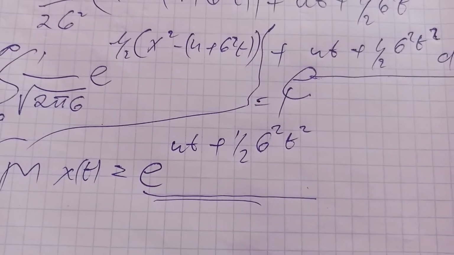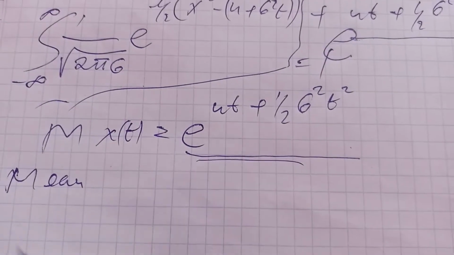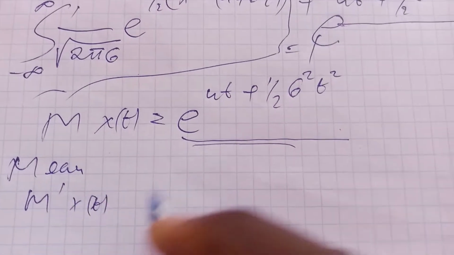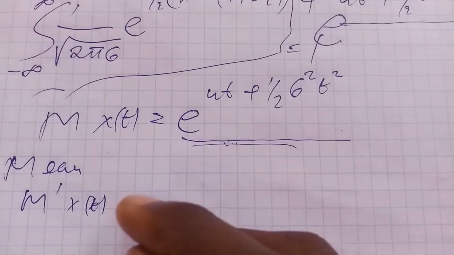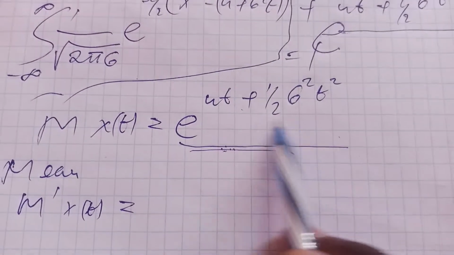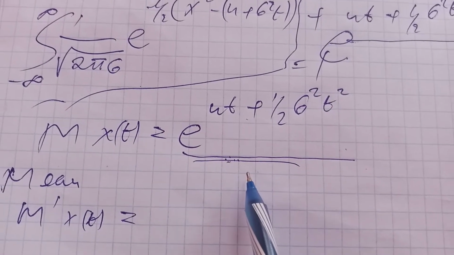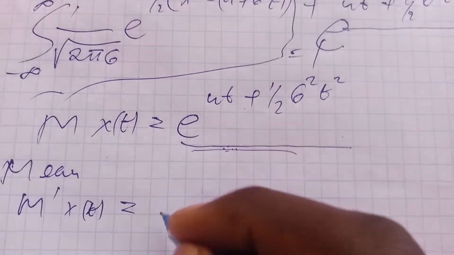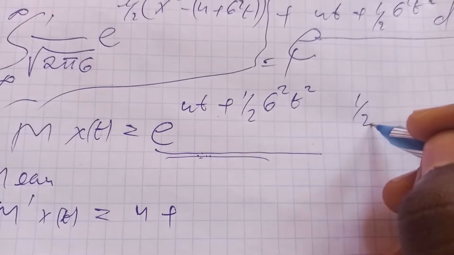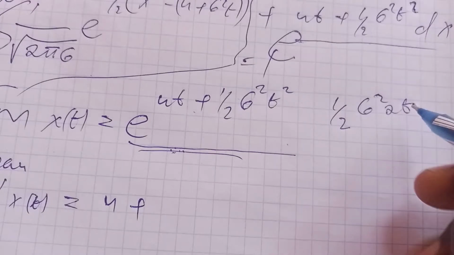Now in finding the mean, I'm going to find the first derivative of this, differentiating with respect to t. I'm going to get u plus, differentiating this, half sigma squared 2t.